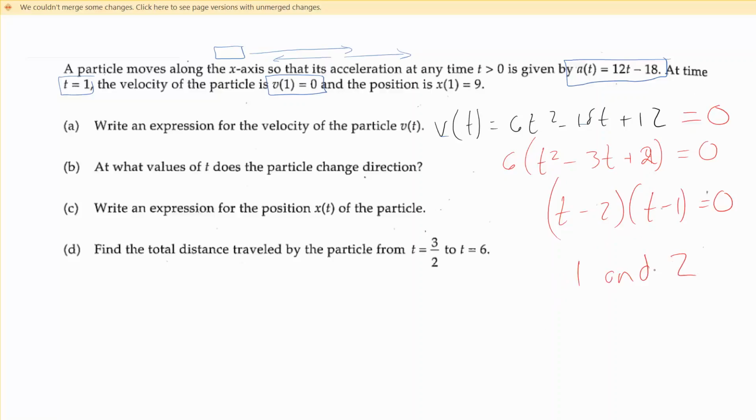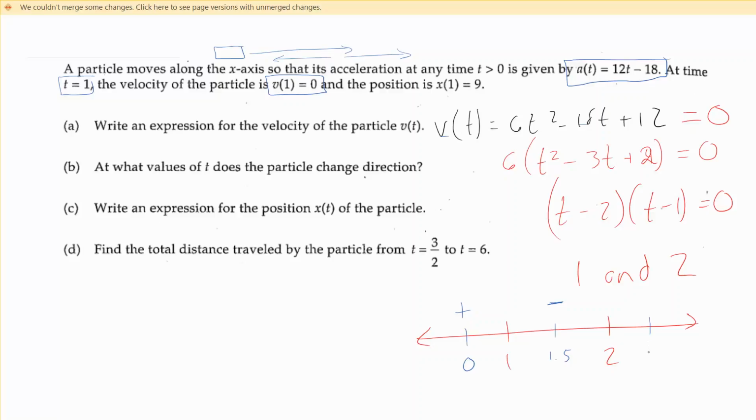The justification here is that we need to make sure it's not just equal to 0, that it changes. So we'd do our number line: 1, 2, and we'll just try a number. We'll try 0. At 0, I have a negative times a negative, which is a positive. If I put in 1.5, I get a negative times a positive, which is negative.